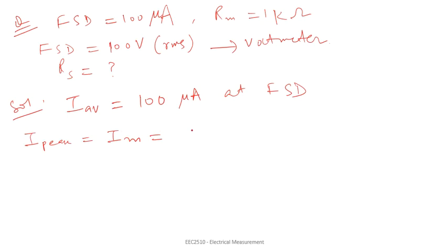So the maximum value will be nothing but the average divided by 0.637. So average is 100 microampere divided by 0.637. This will be something around 157 microampere. Okay.